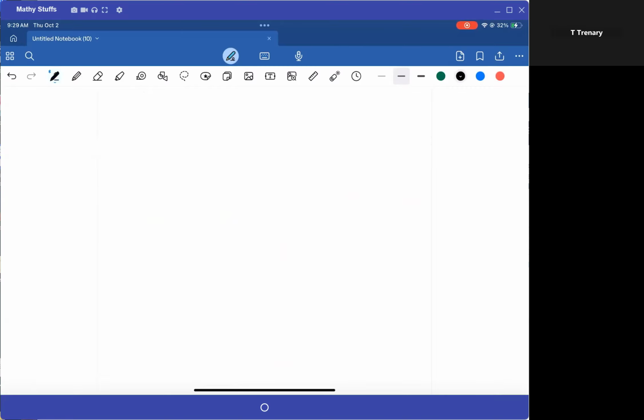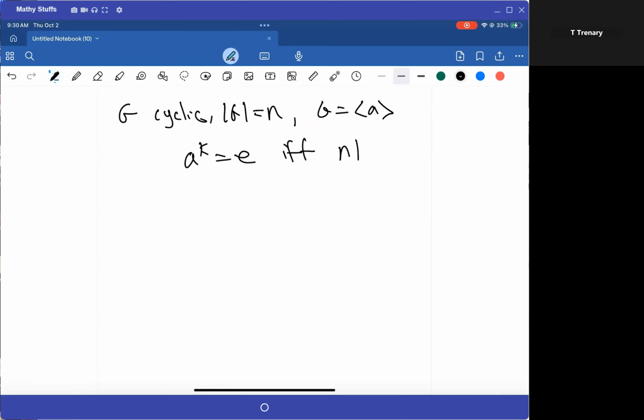We had this result that G is cyclic. G is of order n, and we're going to assume that G is generated by some element A. And the result was this, that A to the K is the identity if and only if n divides K. So let's go this direction first.